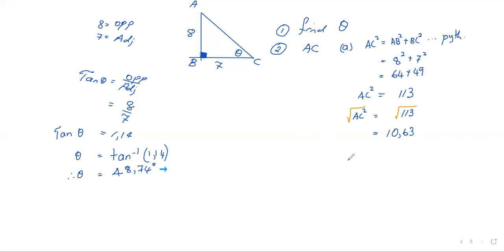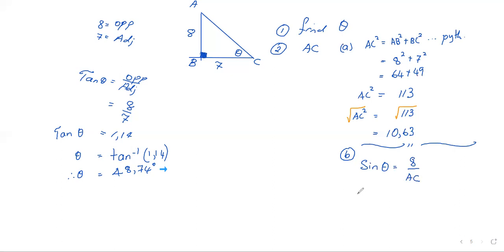Now, let's use trig and see what we can come up with here. Now, AC is the hypotenuse. We have the opposite one, the adjacent. You can choose any one. Let's choose the sine of theta is opposite over hypotenuse, which is AC.